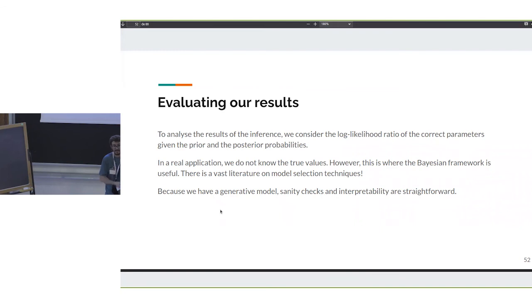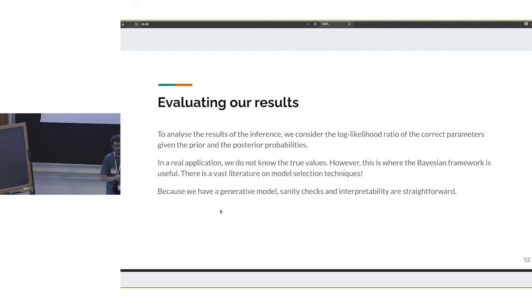We can compute the Hellinger distance between the learned data distribution and the true data distribution, the same with the KL divergence. This is something we did a lot for this quark and gluon tagger I mentioned in the second slide, in the sense that we were able to show that there was a correlation between the accuracy of the tagger and the Hellinger and KL divergence of the learned data distributions.